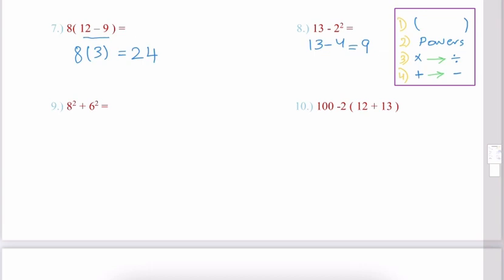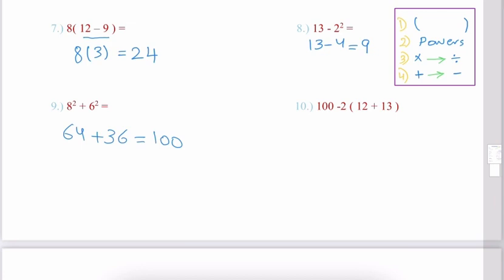Powers come first in my order, so I would perform 8 power 2, which is 64, then the other power, 6 power 2, which is 36. After I finish raising to the power of 2 in both numbers, I will add now. 64 plus 36 is 100.